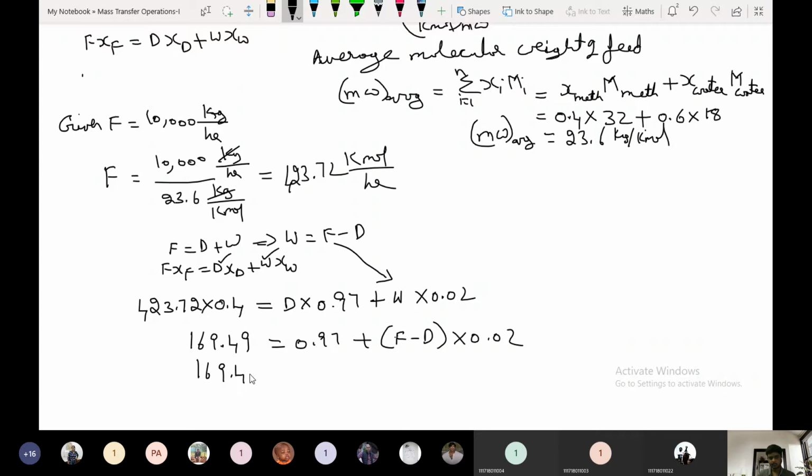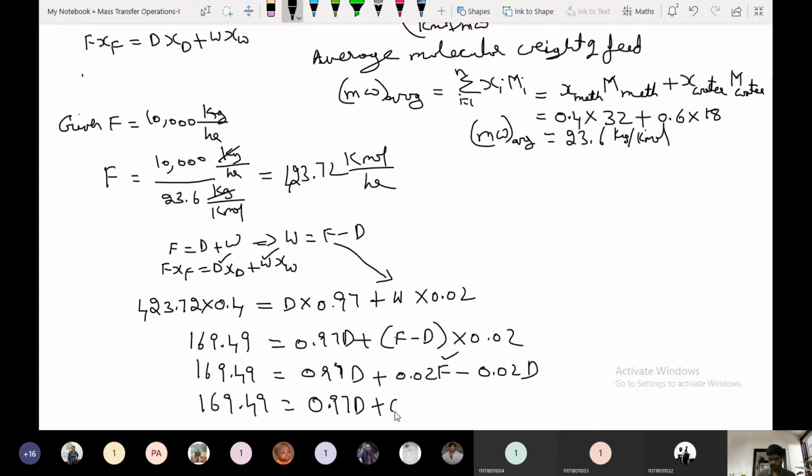So 169.49 is equal to 0.97 D plus 0.02 into F, which is 423.72, minus 0.02 D.